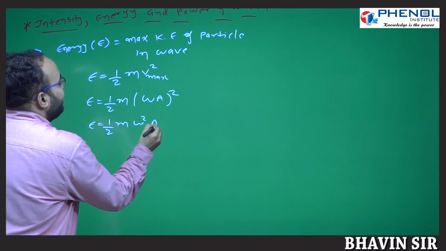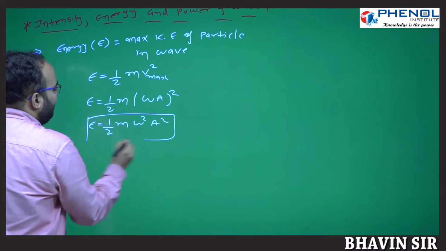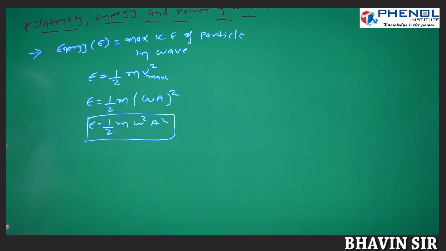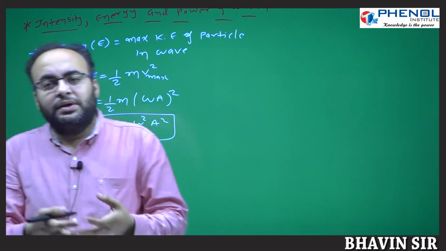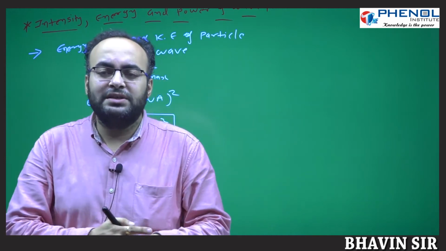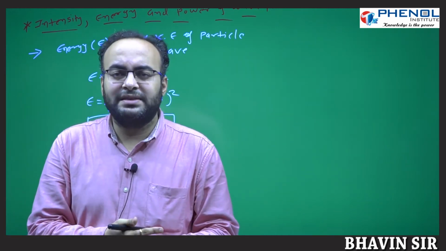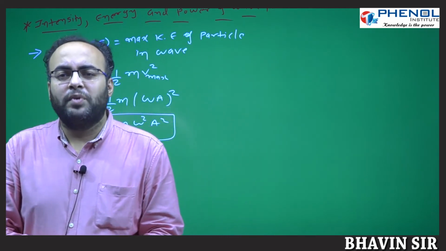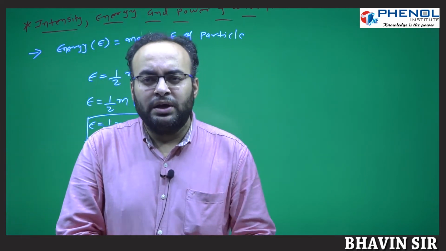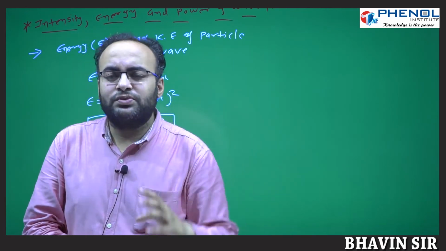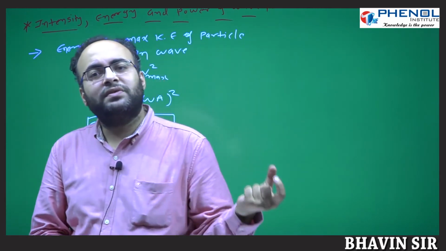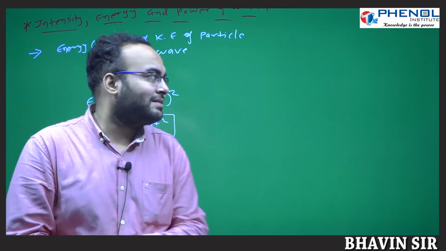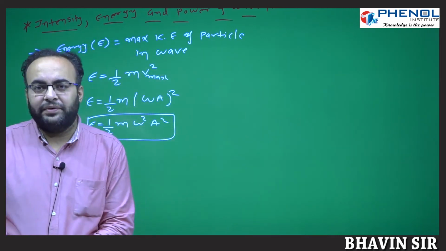A is amplitude, students, and omega is angular frequency. So that is the energy of wave, half m omega square a square. Okay, what is the energy? Half m omega square a square. So now it is clear, students, energy of wave means we consider maximum kinetic energy of a particle in a wave.